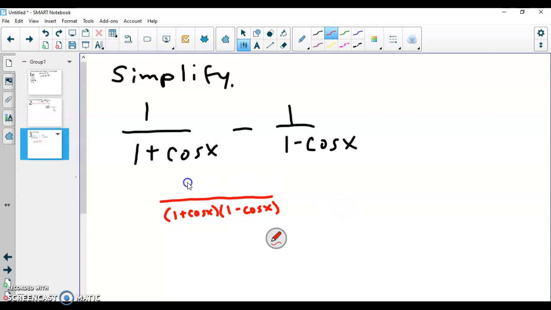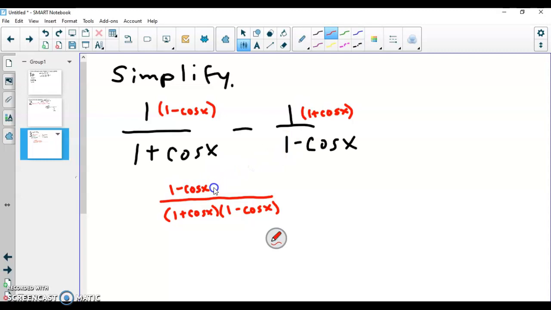And the way this works out is whatever we're missing, so if this is our whole denominator, then on this top half we would be missing the 1 minus cosine x. That's what we multiply the top by. Okay, so this would become 1 minus cosine x when I multiply. And on this side I would be missing the 1 plus cosine x.